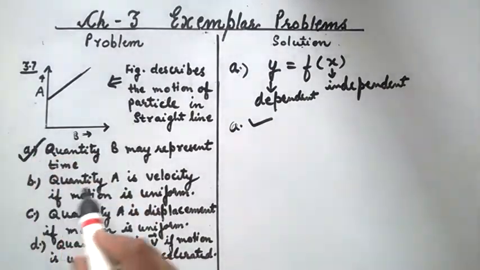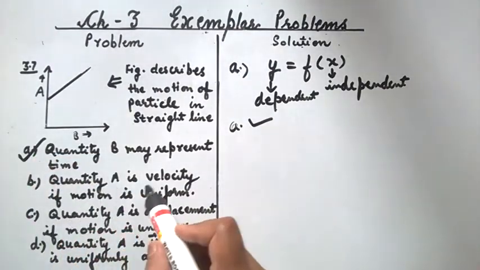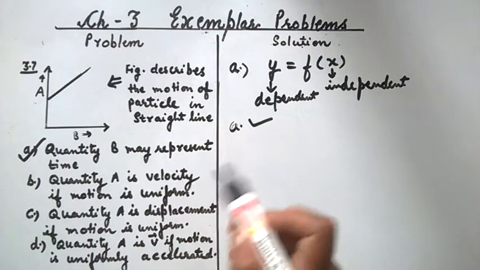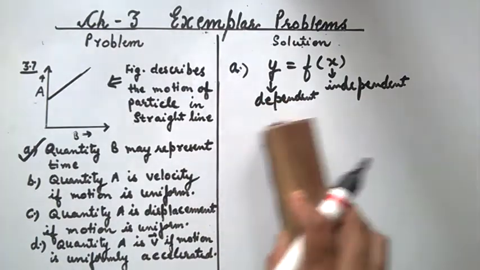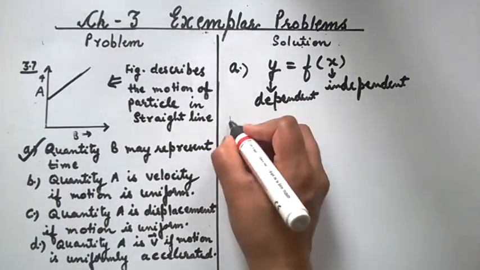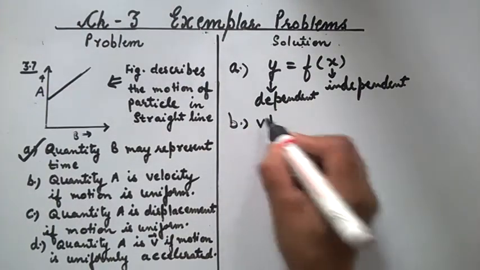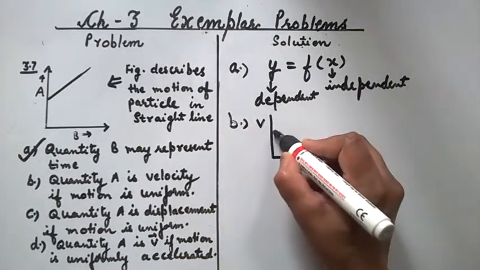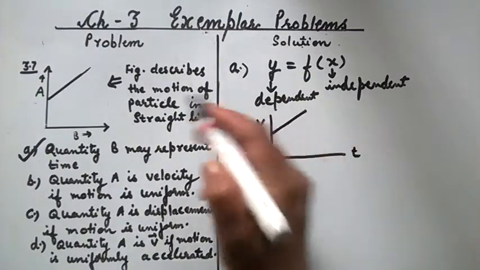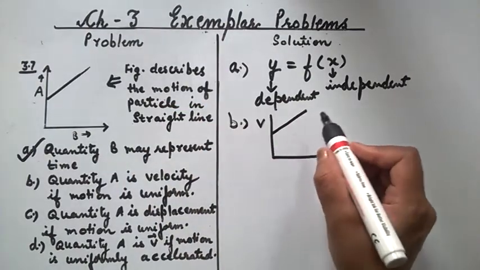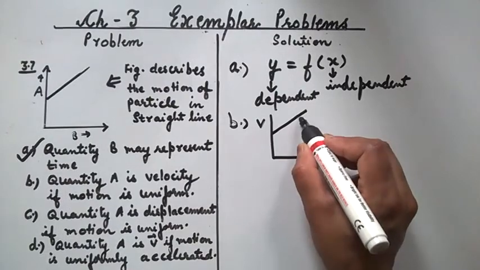The second option is quantity A is velocity if motion is uniform. So we can see that in a velocity-time graph, the slope represents acceleration, and in this graph the slope shows uniformly accelerated motion.